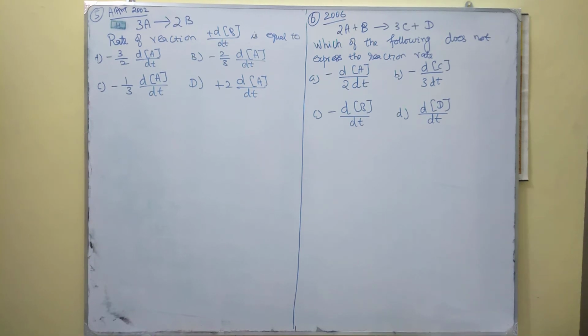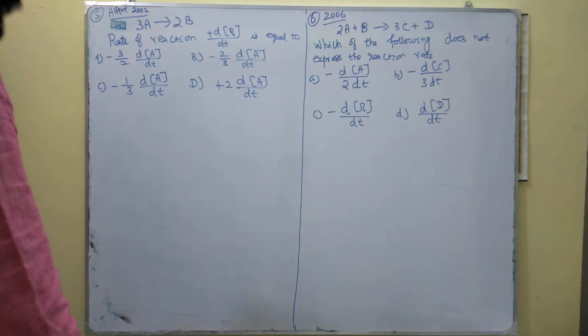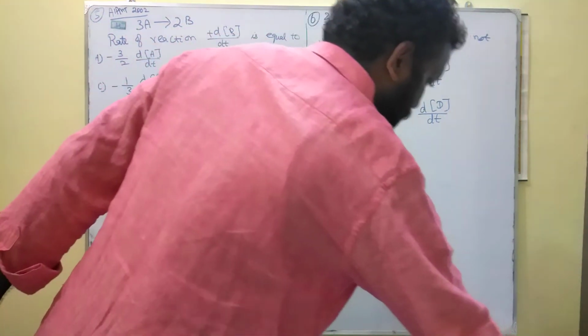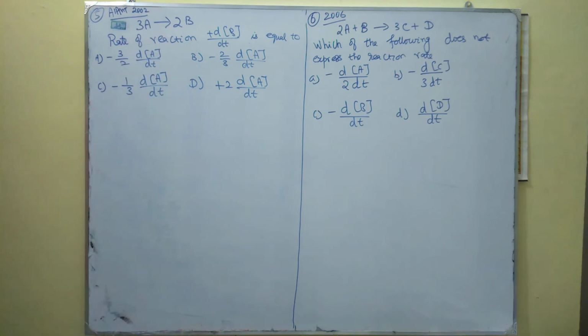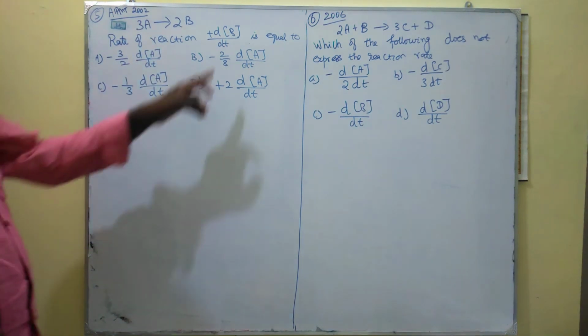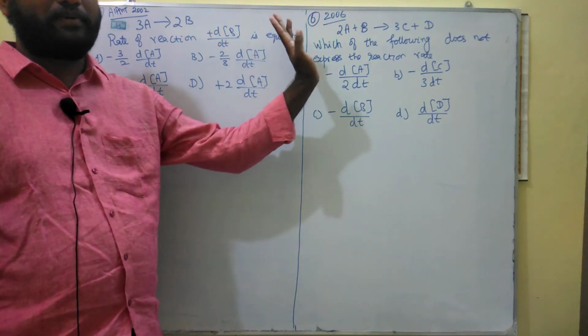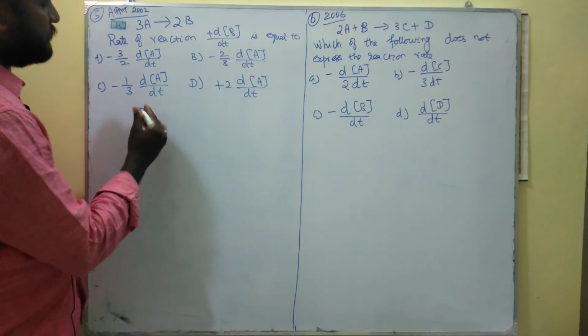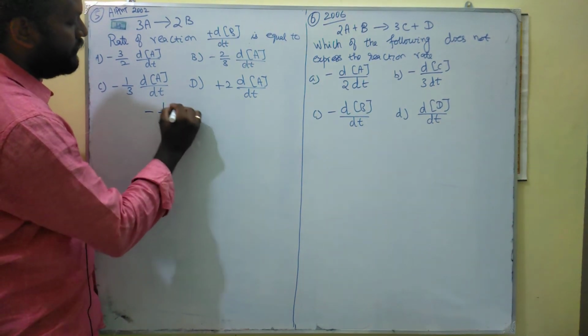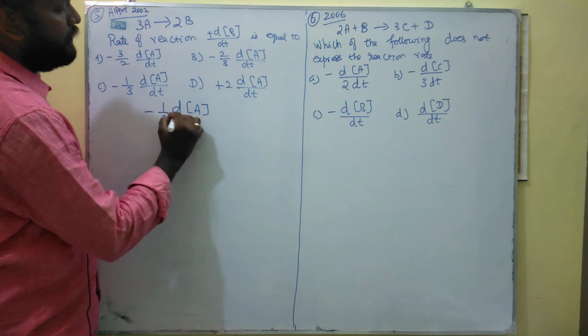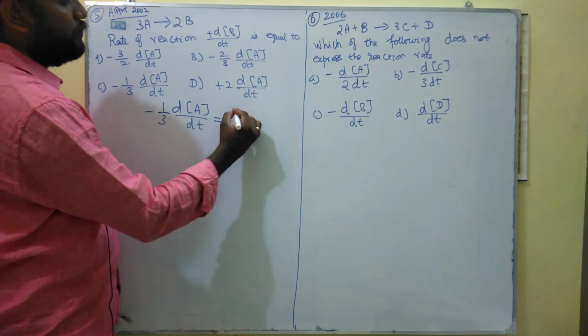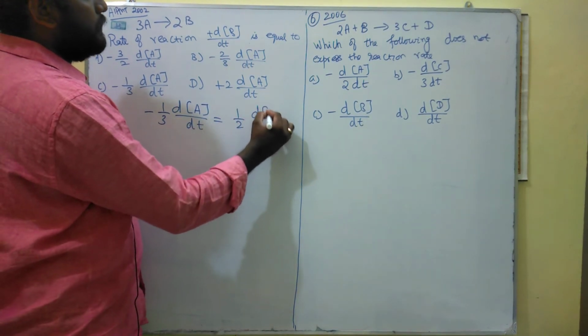Next question, also asked in competitive examinations, related to the rate of chemical reaction. Consider the given chemical reaction 3A gives 2B. The rate of reaction d[B]/dt is asked. We can write the rate of reaction as minus 1 by 3 d[A]/dt is equal to 1 by 2 d[B]/dt.